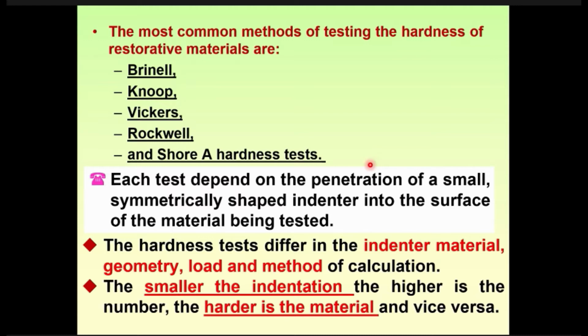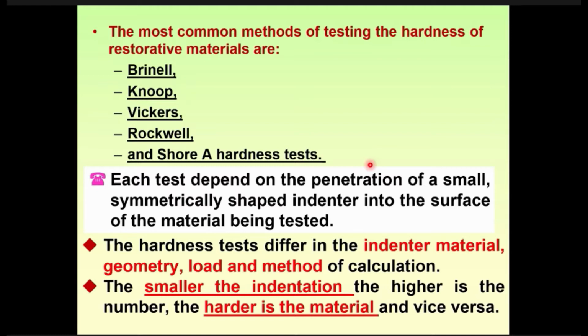If material is soft, we will get a big area or big size of indentation, which suggests us material is soft. However, if material is hard, we will get a very little size of indentation. So all these methods work on the same principle.